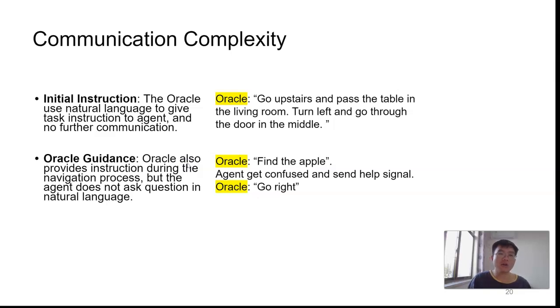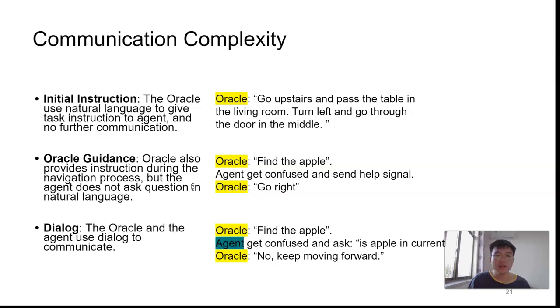The second is the oracle guidance, which means the oracle will provide further instruction during the navigation process. The third is dialogue, which means the oracle and the agent communicate freely during the navigation process. They collaborate with language to achieve the tasks. And that is more like what two humans will do in reality.